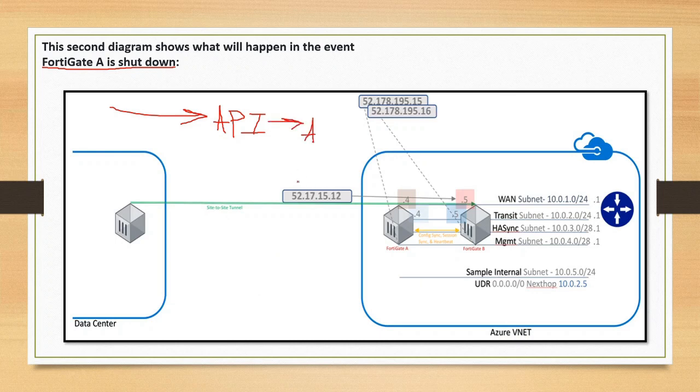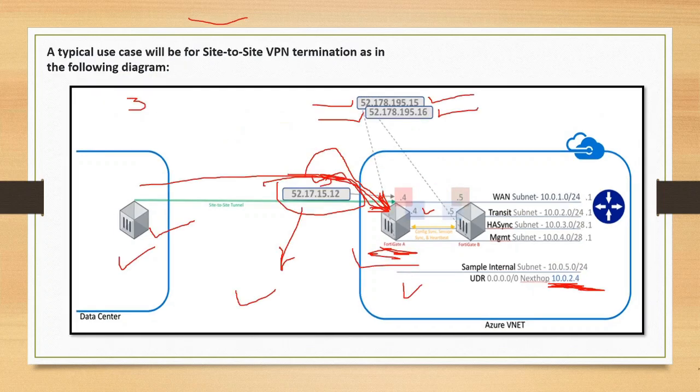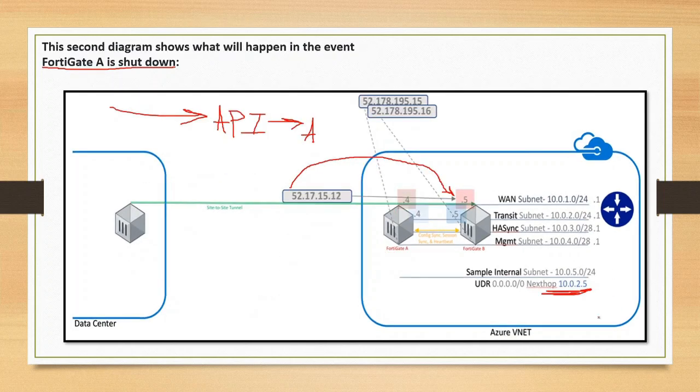FortiGate tells Azure cloud to please associate the cluster IP with my secondary IP address. Similarly, with the help of the API, we will change the UDR. Before, the UDR was 2.4. Now, with the help of the API, we tell the Azure cloud to change the UDR from 2.4 to 2.5. These two parameters will be changed by using the API, and I'll show you how to configure the API in this same lecture once I configure the FortiGate firewall.